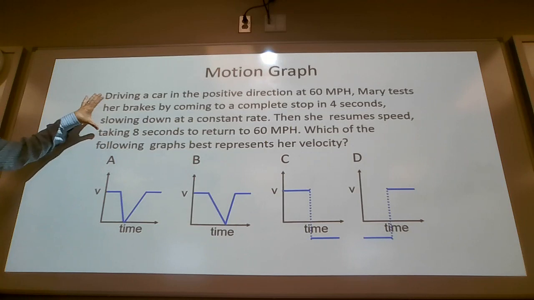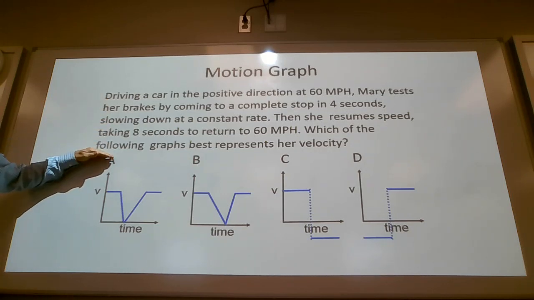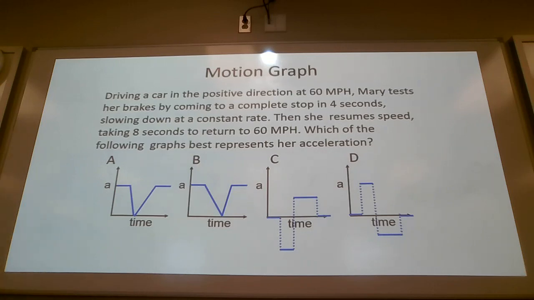This next question is the exact same scenario, but a different question. Tell your neighbor.